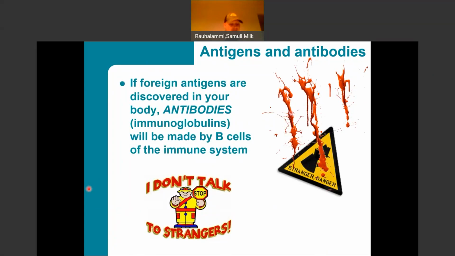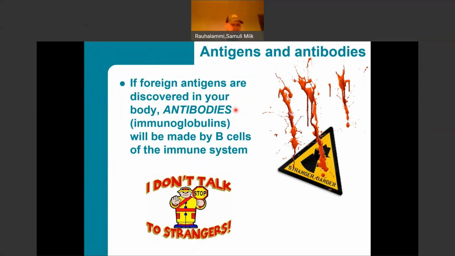So self-antigens tell the body that it is you, it's part of your cell system. But if there is a foreign antigen on the cell surface, your body is able to tell that this is a stranger. And if antigens that are not yours are found, your body is designed to remove or kill these cells. And this happens with antibodies.